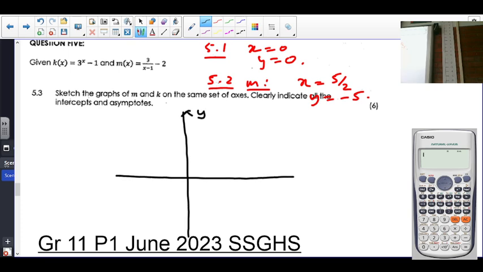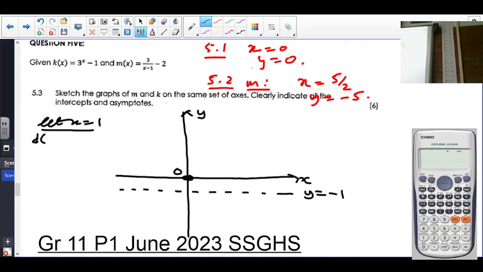So that is your y, x. That's your exponential function for K. So the first thing we draw in is our horizontal asymptote, y is equal to -1. Then you're going to cut your x and y at 0. Okay, so we let x equal 1 to generate another point on this graph.